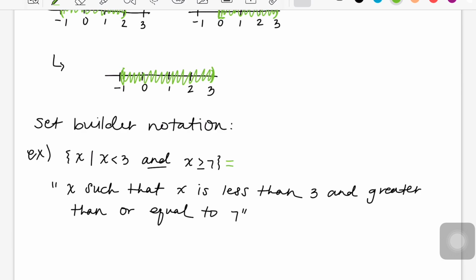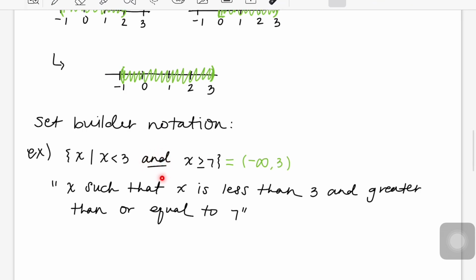All right, so we can actually write this in our interval notation, right? We're saying all values that are strictly less than 3, right? So this will be all values from -infinity up to 3. And we are using our intersection because of this term here. We're looking at all values less than 3 and greater than or equal to 7.